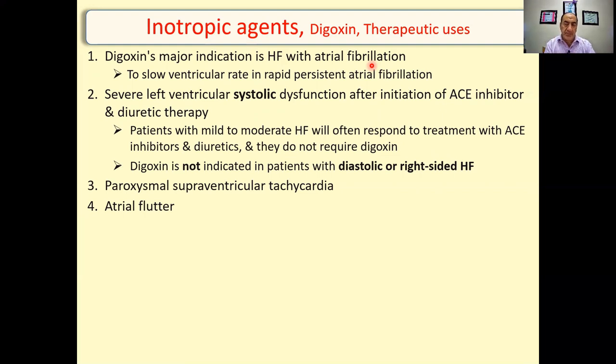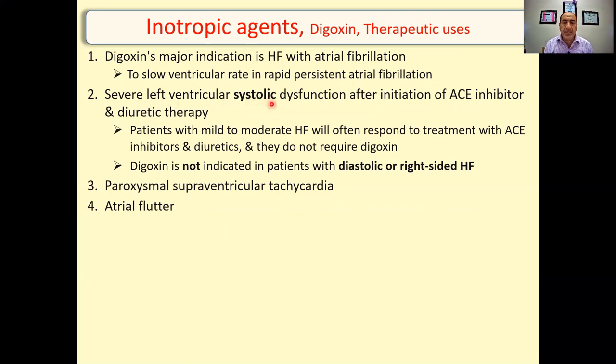As we said, at therapeutic doses, it decreases conduction on the AV node and on the atria, so it can decrease these ectopic beats. At therapeutic dose, it can decrease the heart rate, so it can deal with the atrial fibrillation. So it slows the ventricular rate in rapid persistent atrial fibrillation, because atrial fibrillation can also bring with it an increased ventricular rate.